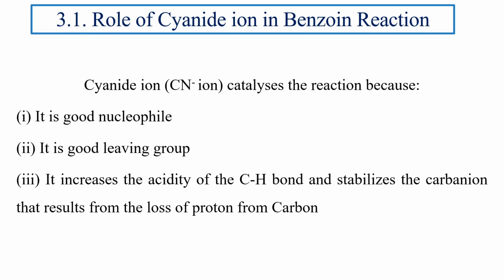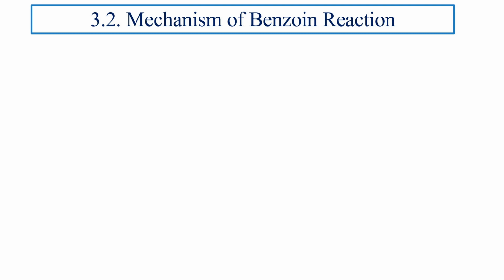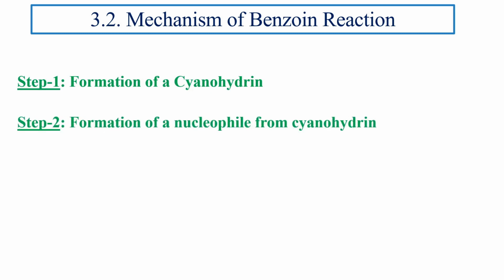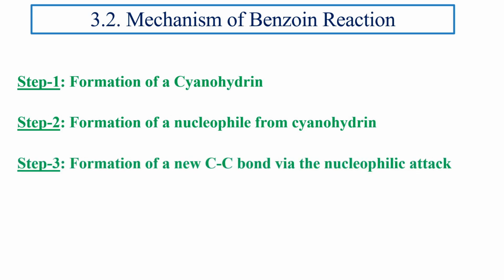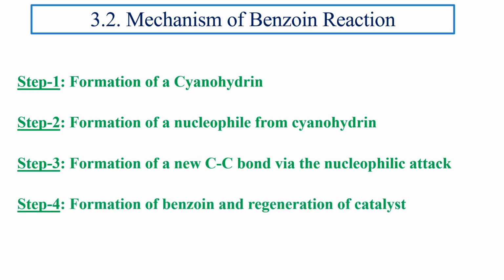It increases the acidity of the CH bond and stabilizes the carbanion that is formed as a result of loss of a proton from carbon. The mechanism of the benzoin reaction occurs in 4 steps: formation of cyanohydrin, formation of a nucleophile from cyanohydrin, formation of a new carbon-carbon bond via nucleophilic attack, and lastly the formation of benzoin and regeneration of the catalyst.